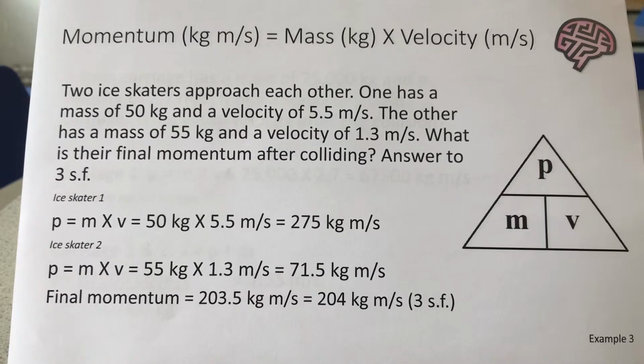So the difference there is 203.5 kilograms meters per second. And in order to get that to three significant figures, I've got a 5 there, so I round up, so it's 204 kilogram meters per second for the final momentum once they've locked onto each other.